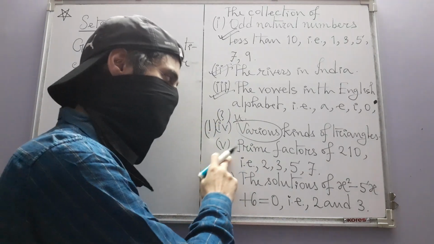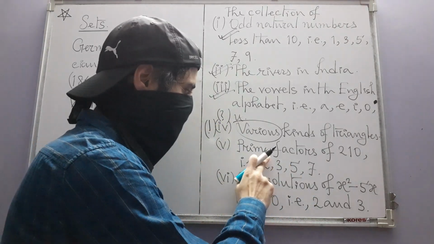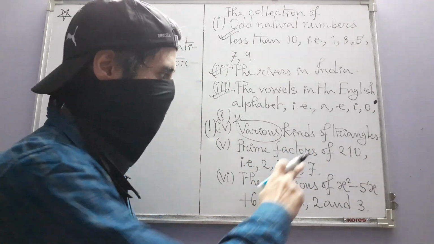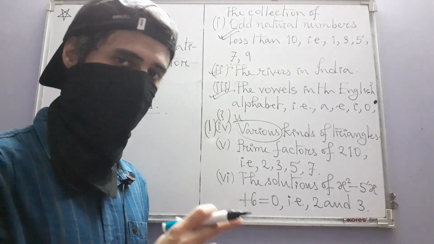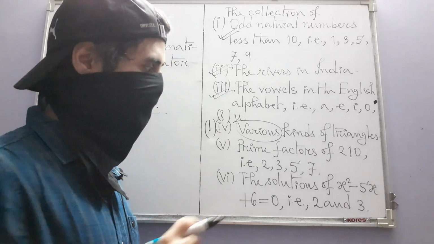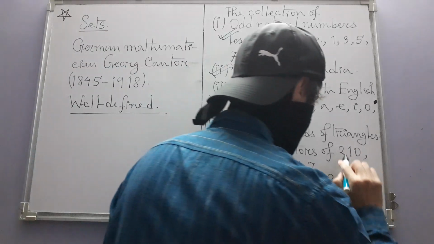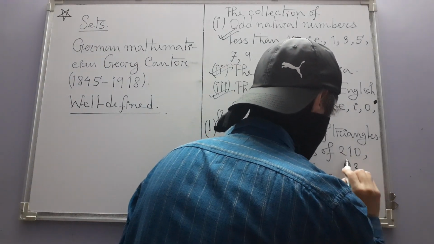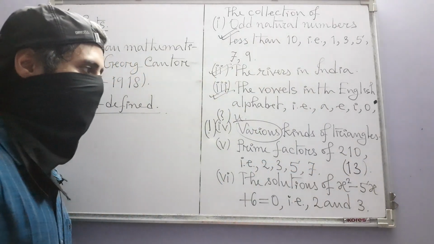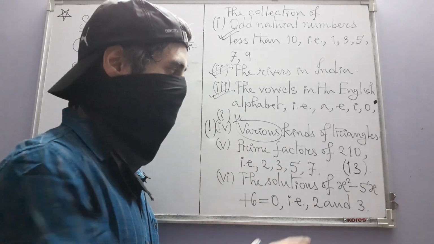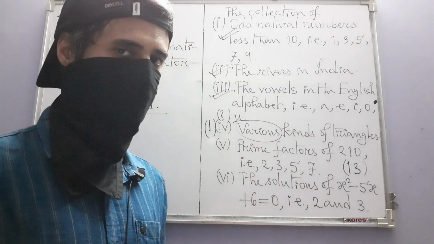The fifth one is, of course, also well-defined. These are precisely the prime factors of 210. So they are precisely the objects in this collection, nothing else. Okay. For example, 13 is a prime number. However, 13 does not belong to this collection because 13 does not divide 210.